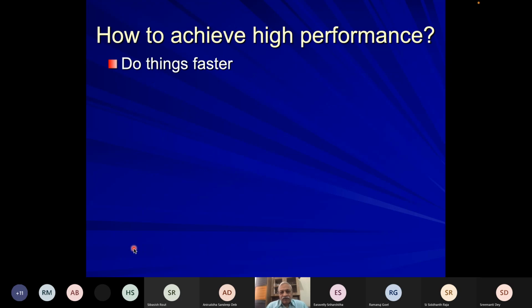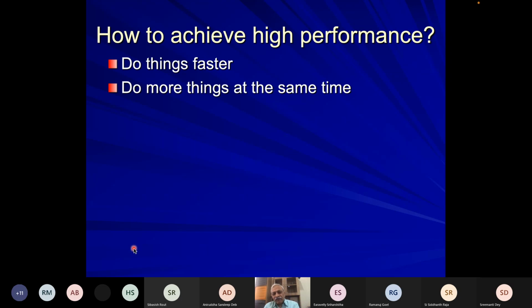So let's try to understand how you achieve high performance. We can do that by doing things faster. We can get high performance by doing more things at the same time. So that is the idea of parallelism. Doing things faster means you are running your clock faster or trying to execute instructions faster.